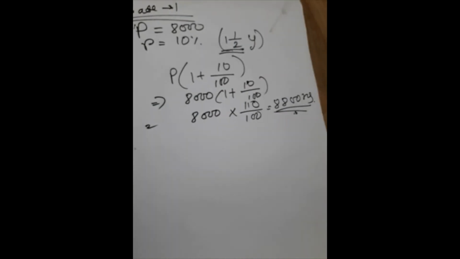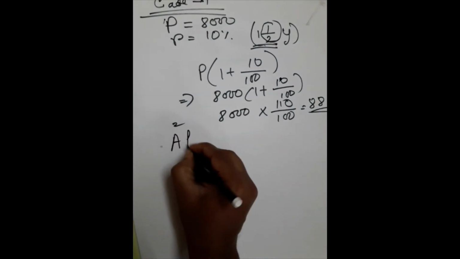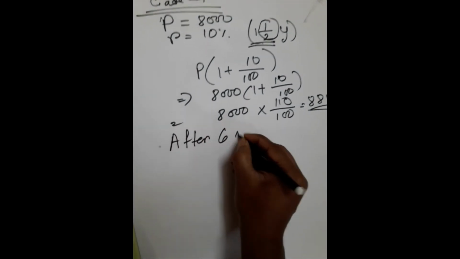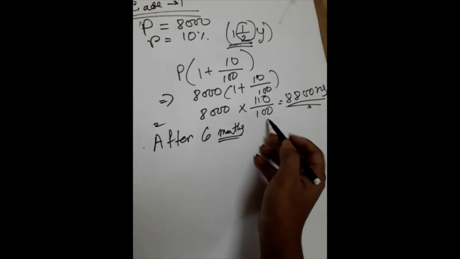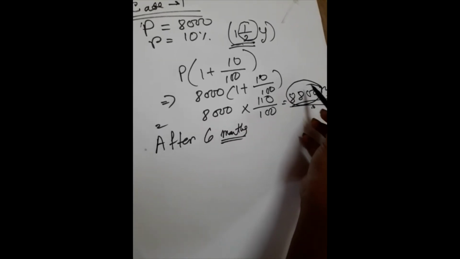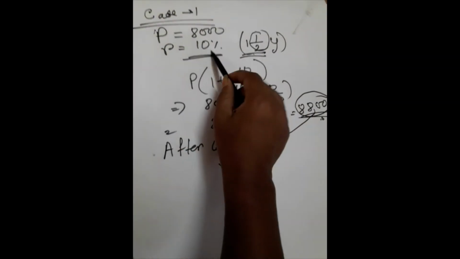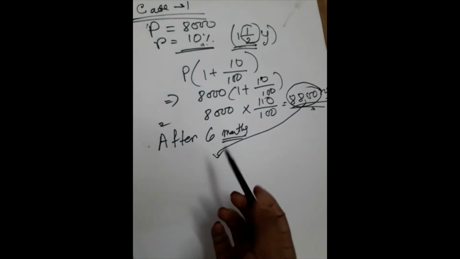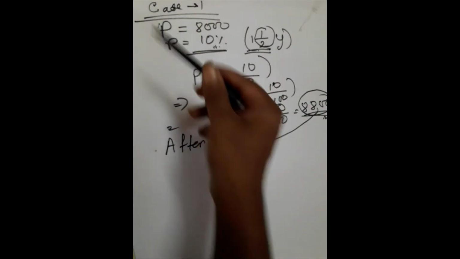You have to determine again for half a year now. So after 6 months or half year, what will be the case? The same thing. This is now your principal amount, but your rate of interest can't be 10. Your rate of interest must be 5, because we are talking about 6 months. So in the case of 6 months, you have to divide your rate of interest by 2.